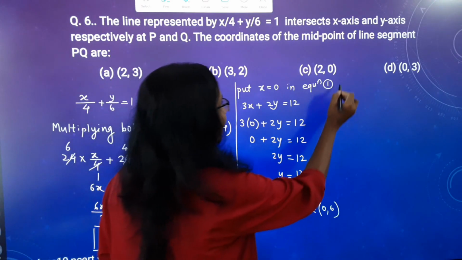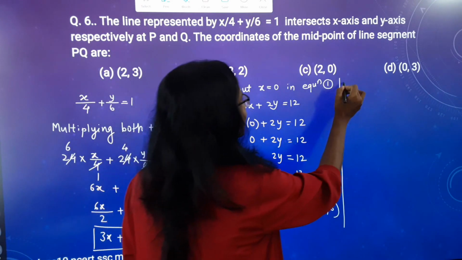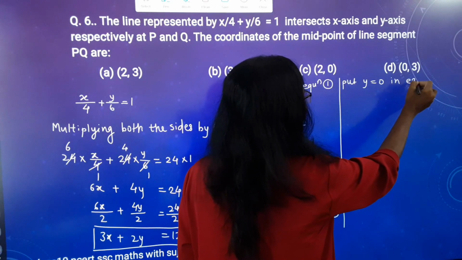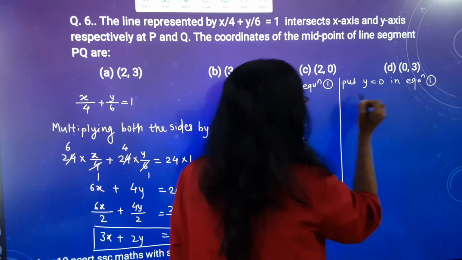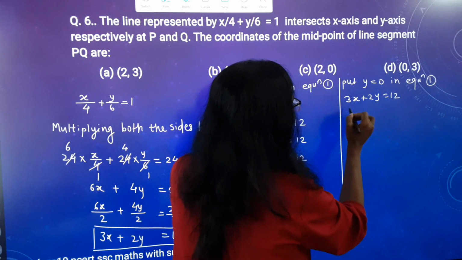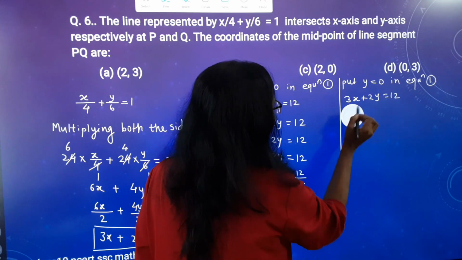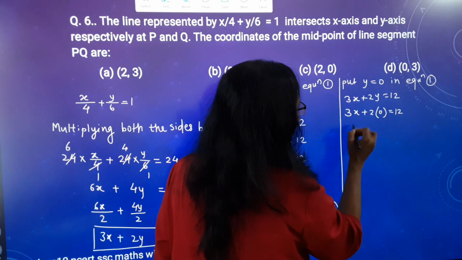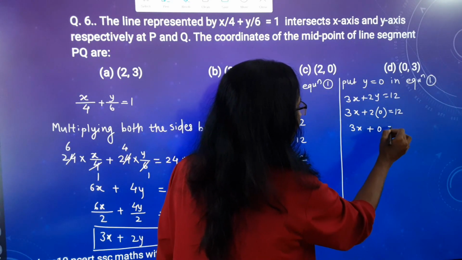Now the next step is to put y is equal to 0 in equation 1. The equation 1 is 3x plus 2y is equal to 12, so 3x plus 2 multiplied by 0 is equal to 12.